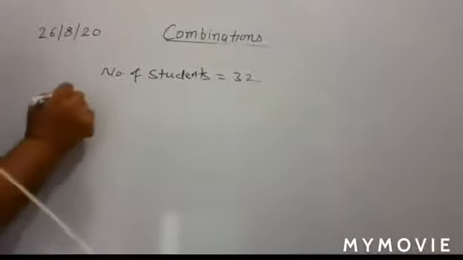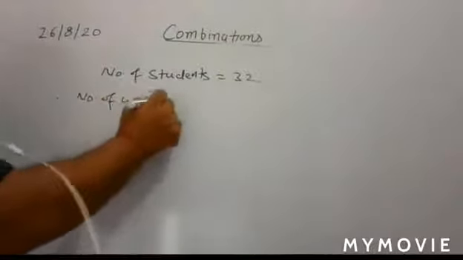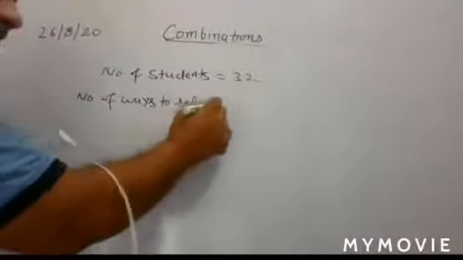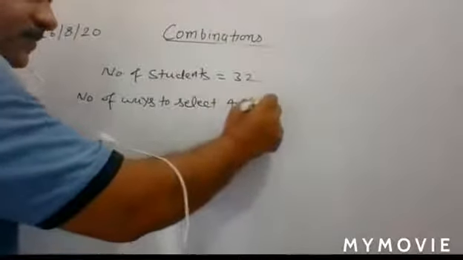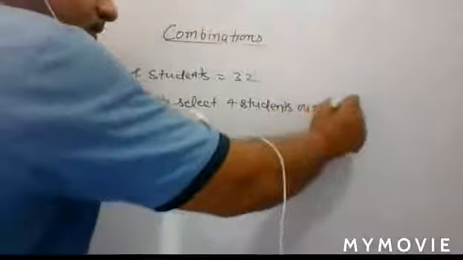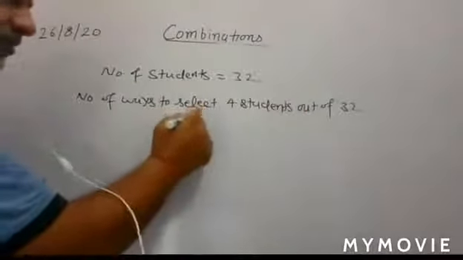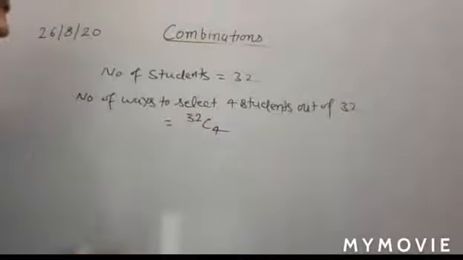So you can write, hence the number of ways to select 4 students out of 32 is equal to 32C4. Understand? So how do you solve the value of 32C4?